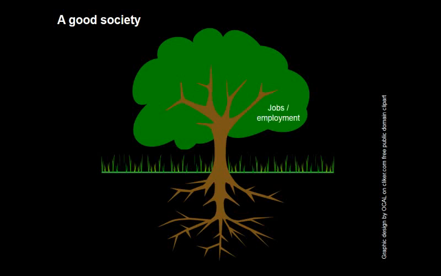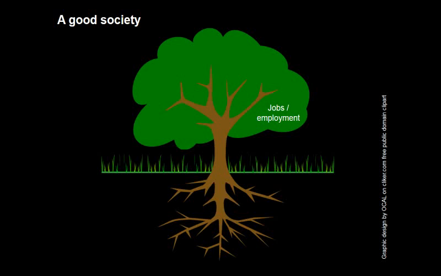So would everyone agree that a goal of every society on our planet, but think of yours, is jobs and employment? That's a goal. I think the only country that might not have that as a goal is the wonderful kingdom of Bhutan, which I've never been to, but you hear about the happiness index that they have there.